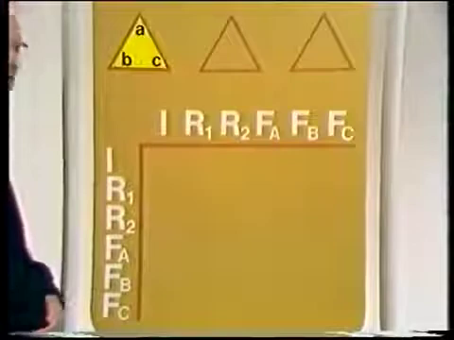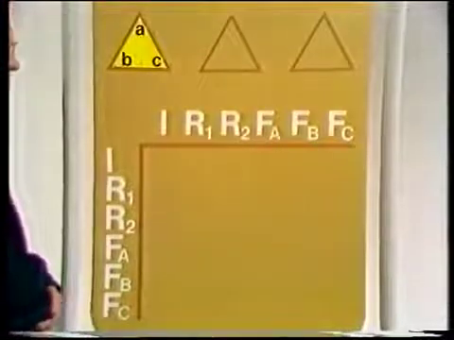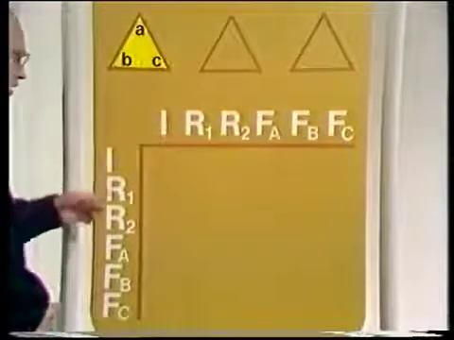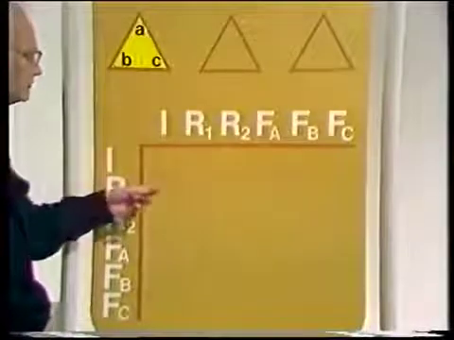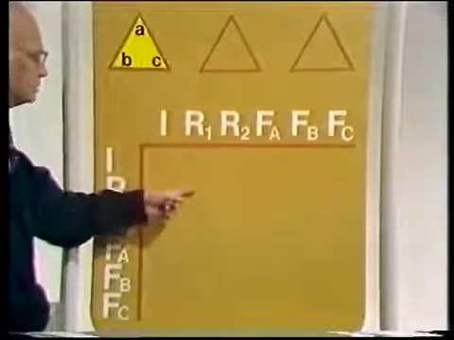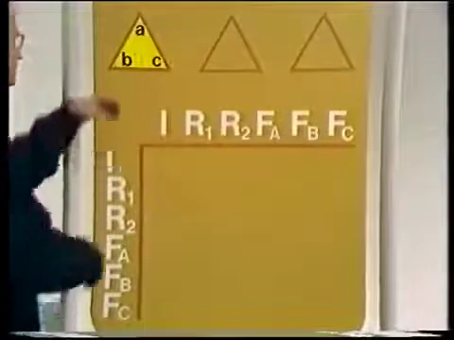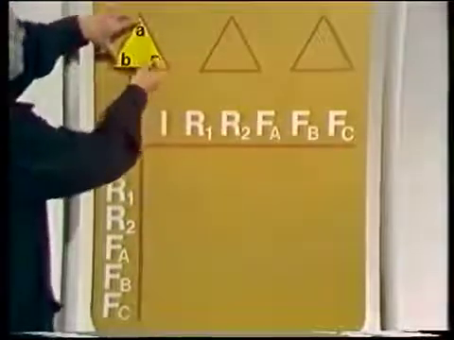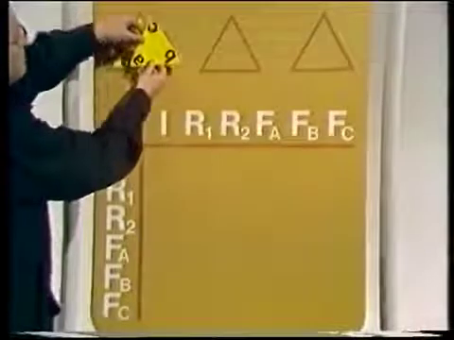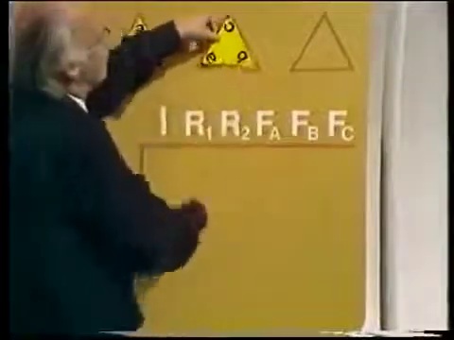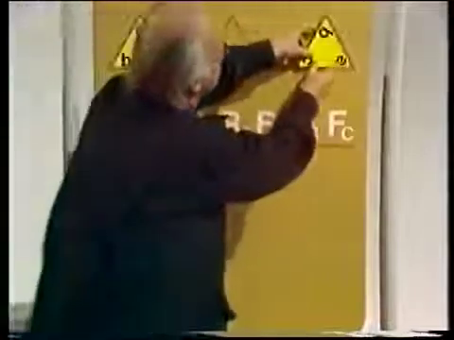Right, well the I row and the I column aren't exactly interesting, so I won't bother with them. The R1 row, well, we've done that one effectively. What goes in there? It's R1, then R1. So let's do it. R1, and then R1 again. There we are. What's that?